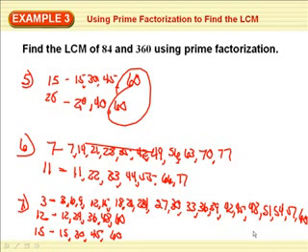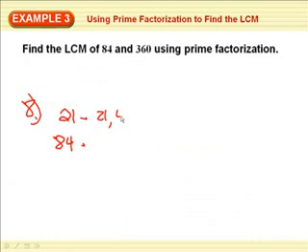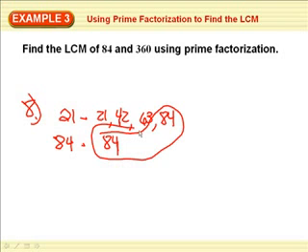So my LCM is 60. Okay, last one, number 8, 21 and 84. 21, 42, 63, 84. The first one for 84 is 84. So the least common multiple is 84.